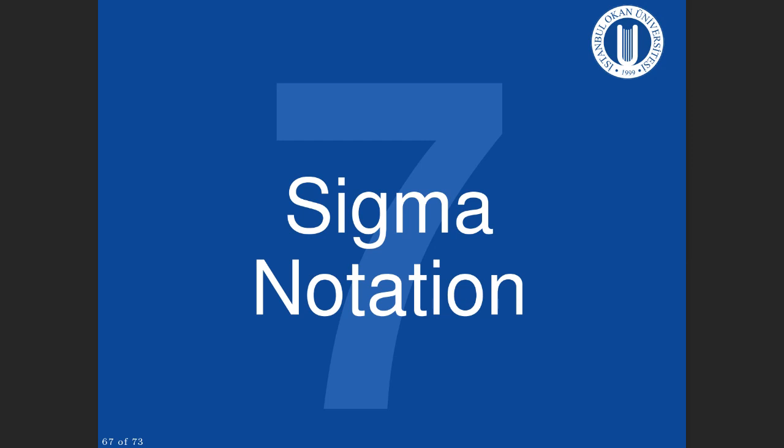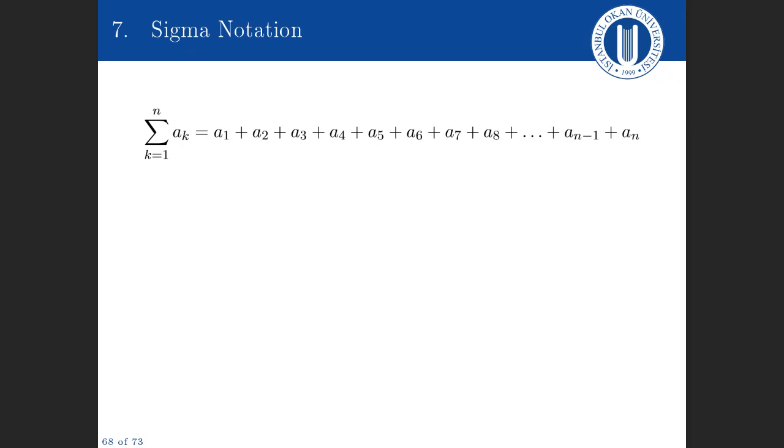Our final chapter for today's lesson is about sigma notation. Let's suppose we want to add lots of numbers together. Instead of writing something like a1 plus a2 plus a3 plus a4 plus a5 plus a6, etc., all of the way up to plus an, we have a neat way of writing this.